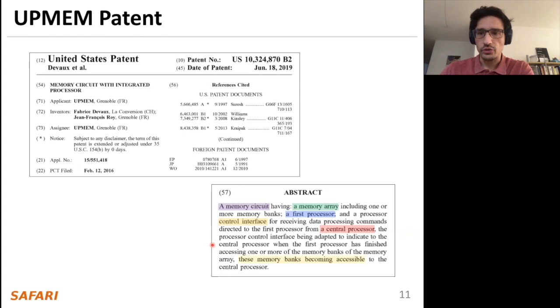One important thing to keep in mind here is that the memory banks are accessible to either the first processor or the central processor. So there is a way for the first processor to communicate to the central processor when some computation is completed, such that the central processor can access the banks and retrieve the results.